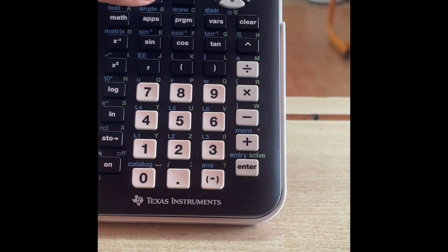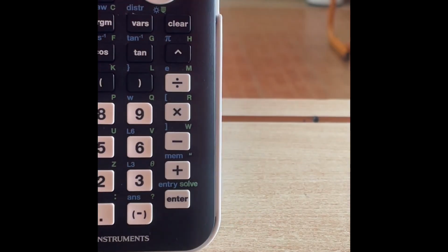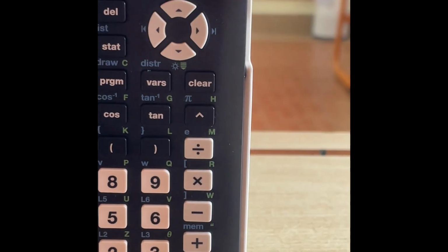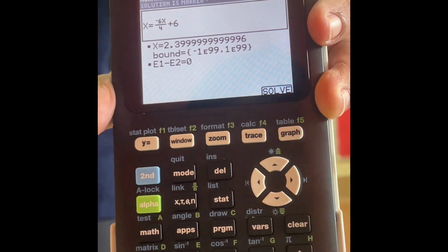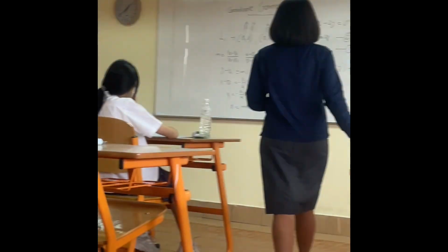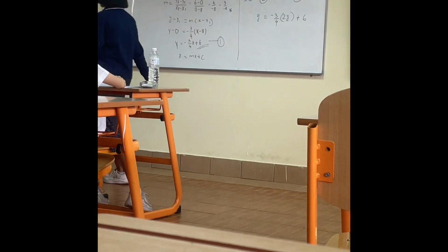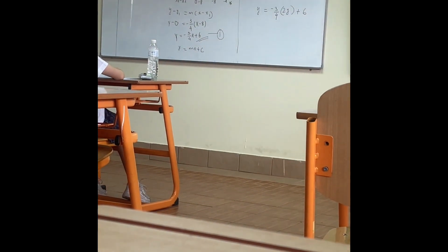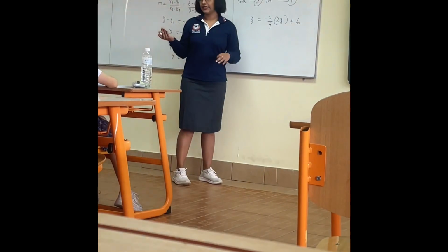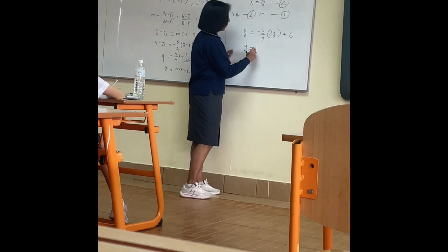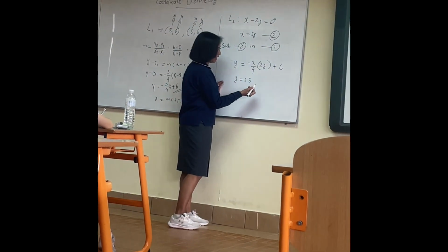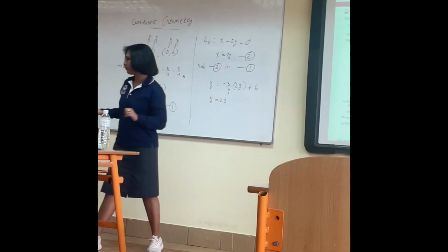And solve it. So you will get 2.39. Is it 2.39? Yeah. So the answer is 2.39. Or as long as you are an AI student, you can use the GDC. So your y value is 2.39.